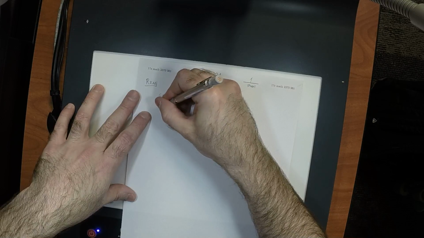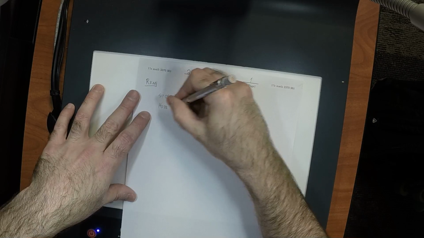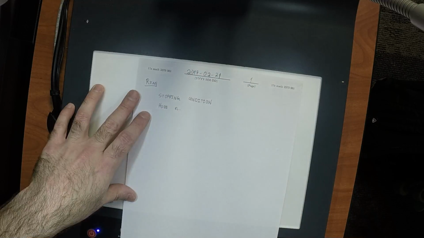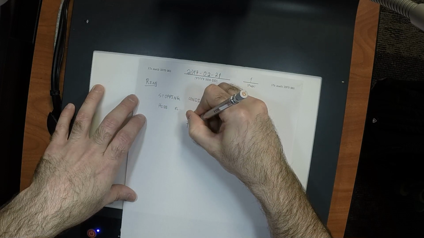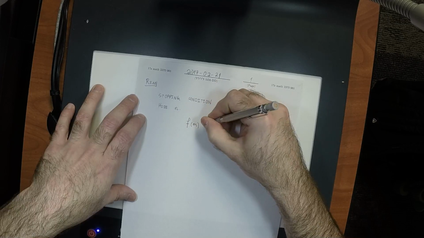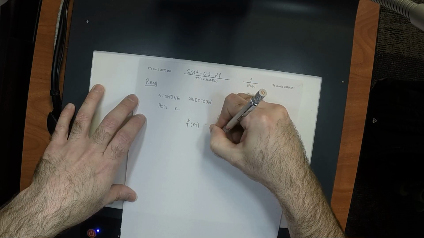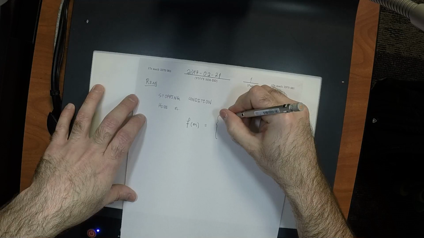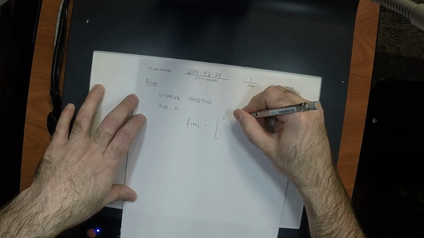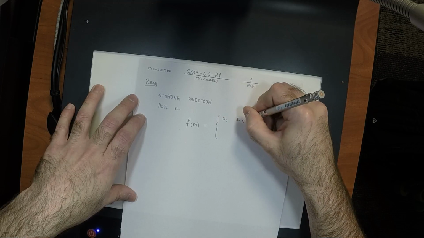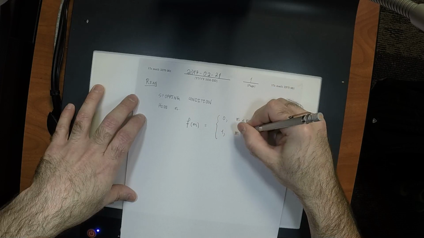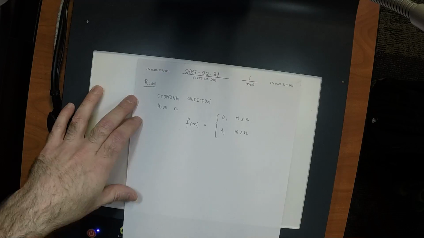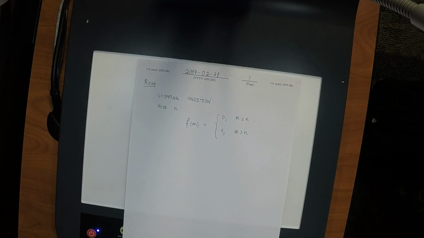I hide n, which is to say my function knows n, and then I give you a function f, which gives you a 0 if m is less or equal to n, and it gives you a 1 if m is greater than n. So this was the original version of the stopping condition.